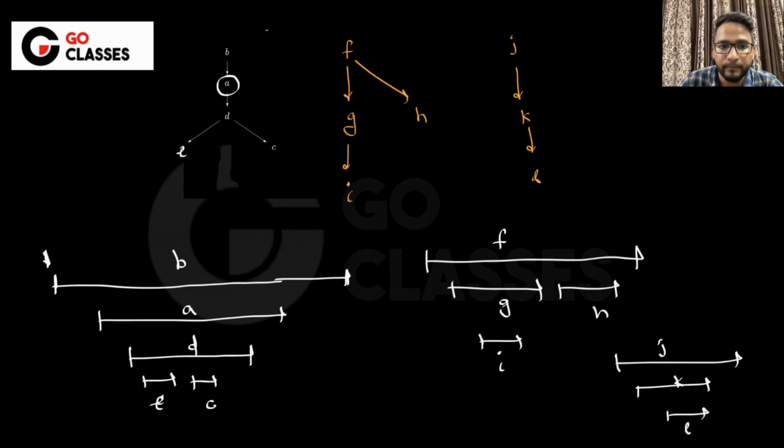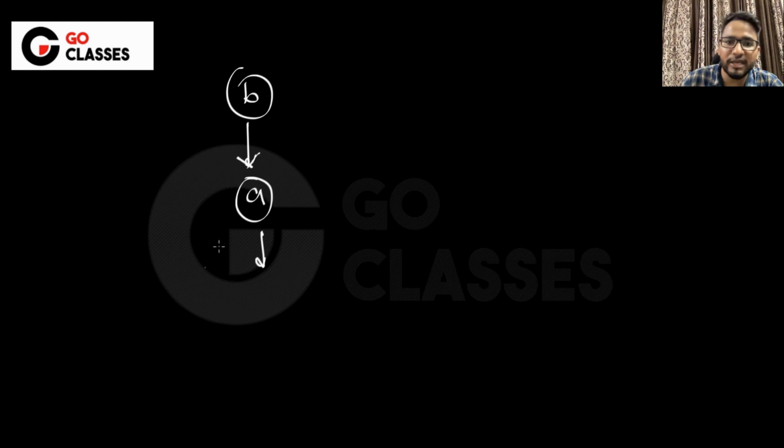See, if you have something like that, B, A, okay, this is the tree that you have, B, A, and then D. This is the DFS tree that you have. Now, obviously, if that is the final DFS tree, I'm not saying this is the graph, I'm saying this is a DFS tree or the DFS forest that you have.